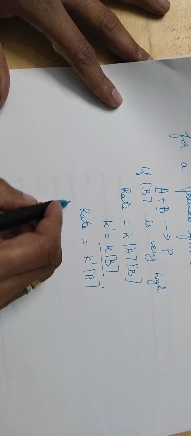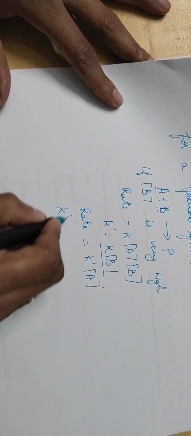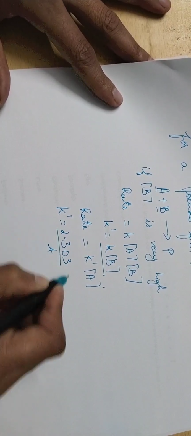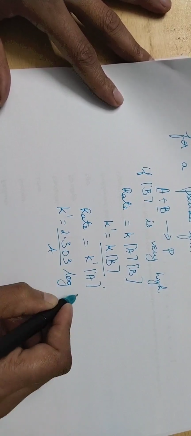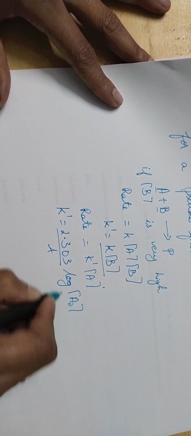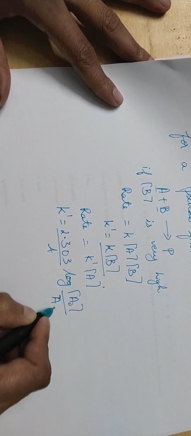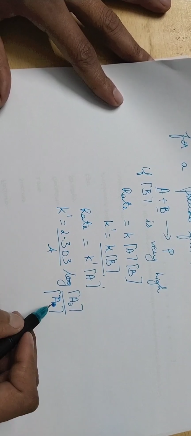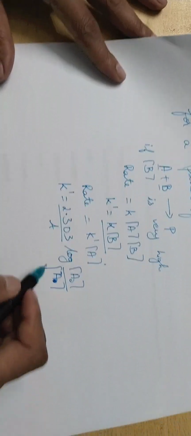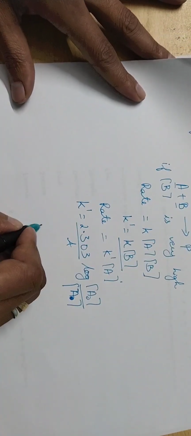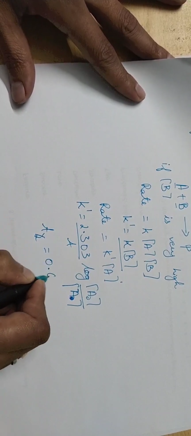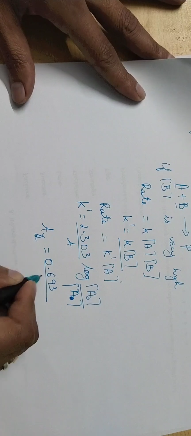And I have k dash equal to 2.303 divided by t log of initial concentration of A divided by final concentration of A. This is not A naught, sorry for the mistake. And half time t half is equal to 0.693 divided by k dash.